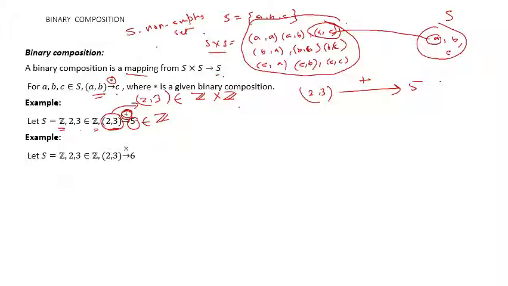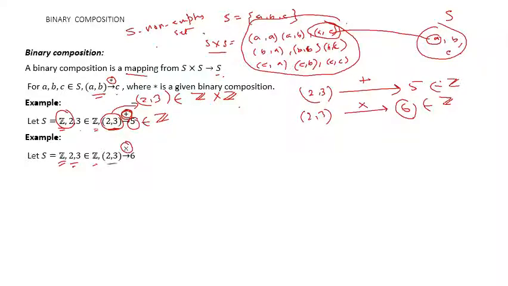Another example, same আমরা Z নিচ্ছি as our given non-empty set, 2, 3 again members of Z. Now this time আমরা binary composition নিচ্ছি ordinary multiplication. So this element (2, 3), this maps to the element 6, which also belongs to Z. So this is how binary composition works.